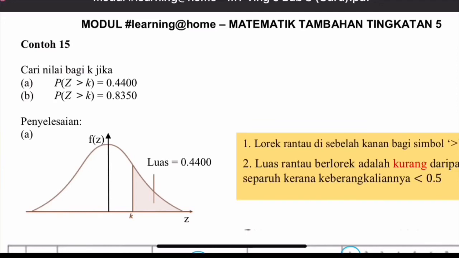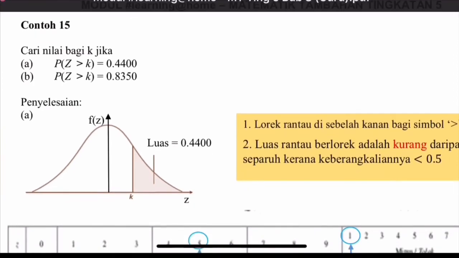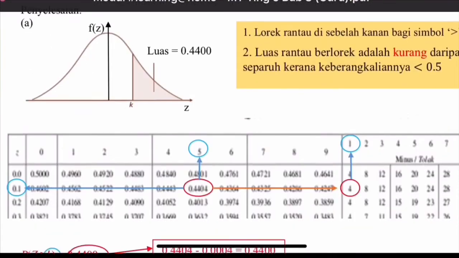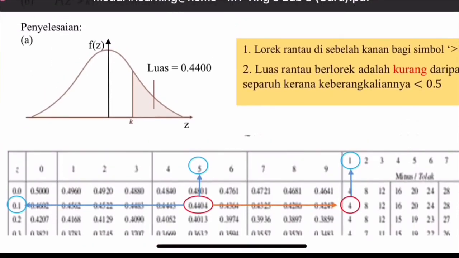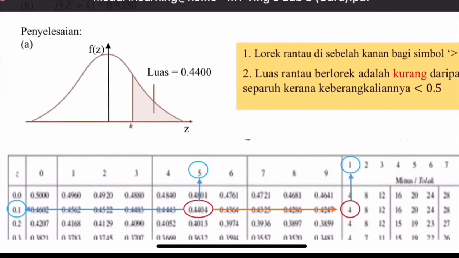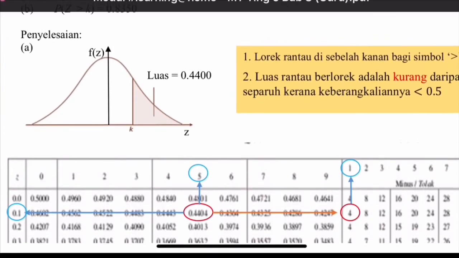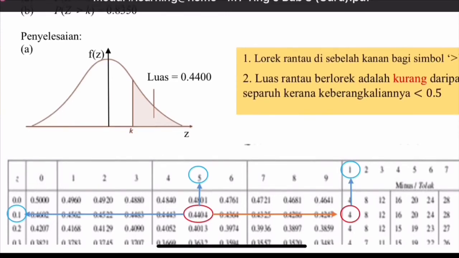The probability value inside the table is the probability value, and the first row and the first column are the z-score. Okay, so highlight the 0.44. If you cannot find 0.44 exactly, you find the number that is close to 0.44.